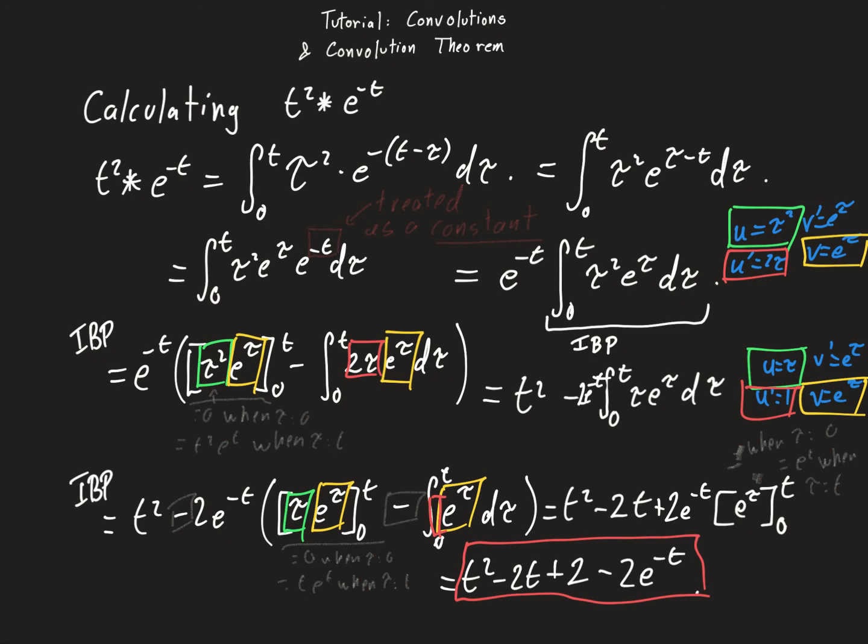That means you can pull it out if it's in any sort of factor, right? If you're multiplying by a constant inside an integral, that's the same as multiplying the integral by that constant. So, keep that in mind. First, t is treated as a constant.